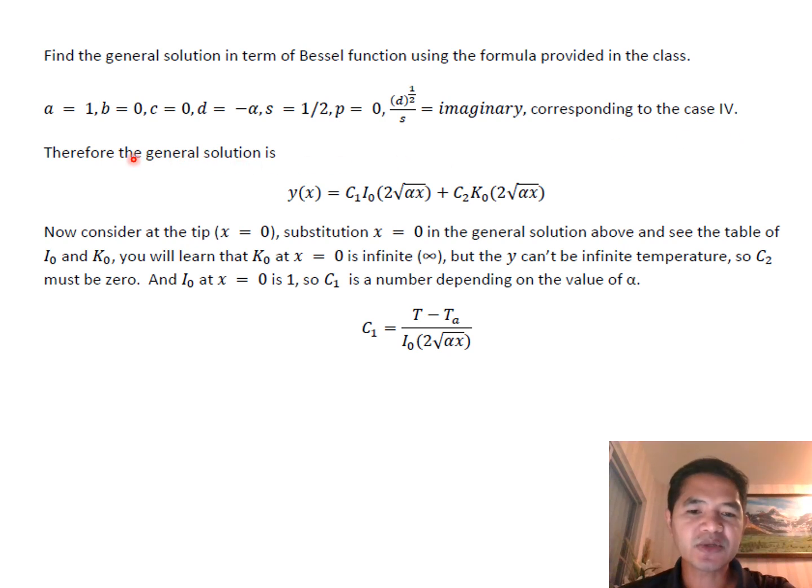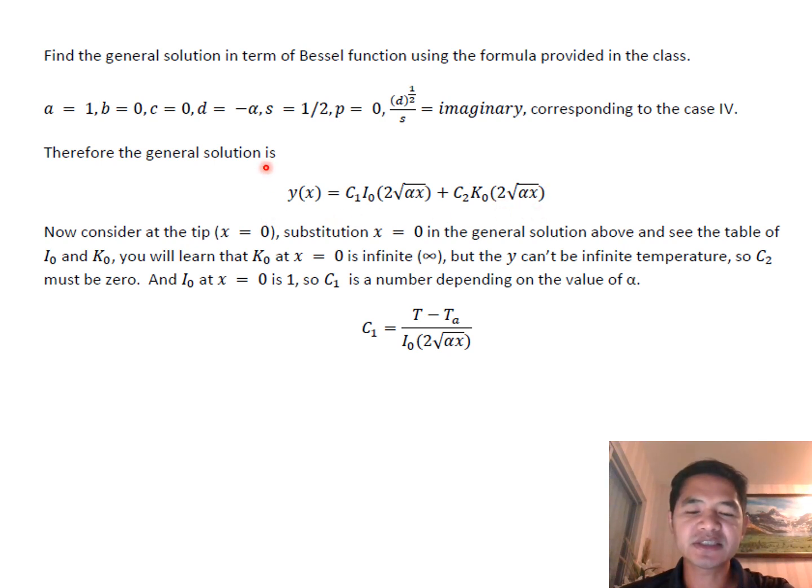That means the general solution of this Bessel form is going to be y of x equal to c1 I0 of 2 times the square root of alpha x plus c2 times K0 of 2 square root of alpha x.